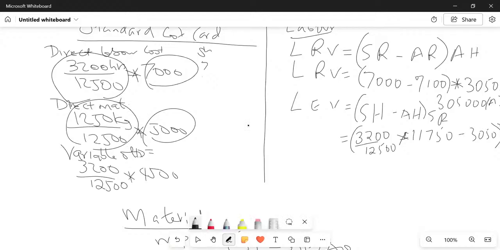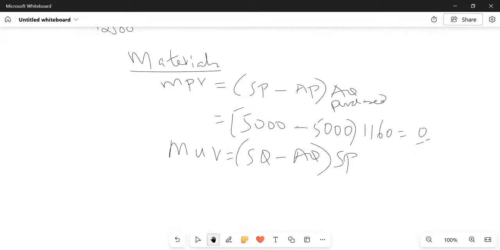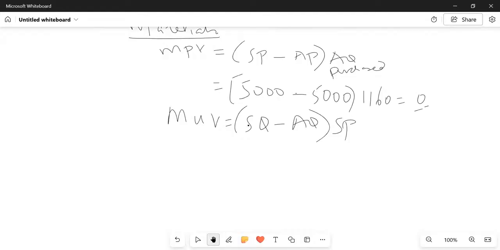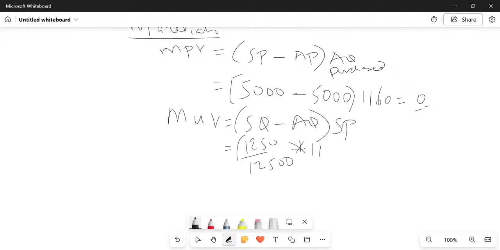So the quantity that we have, ladies and gentlemen, is given as standard quantity 1250 over 12,500, but times actual production. Actual production: you guys were able to do how many kilometers? We actually did 11,750.